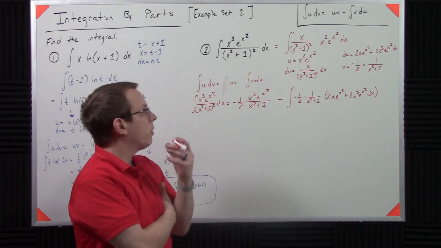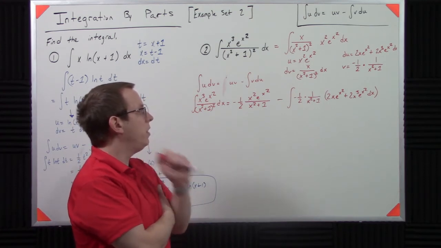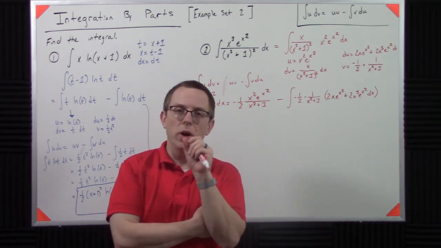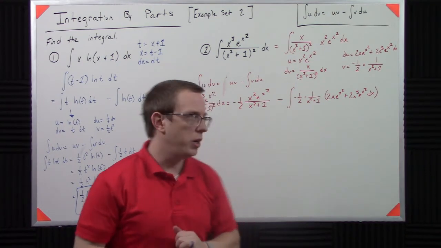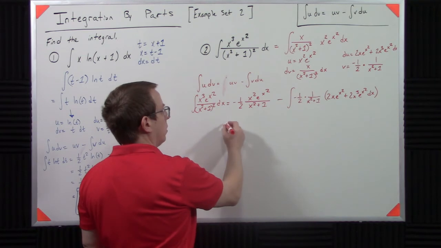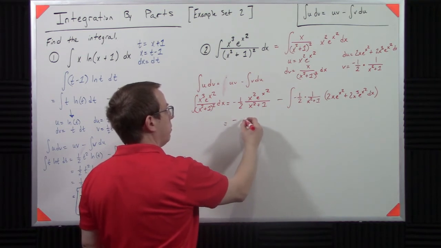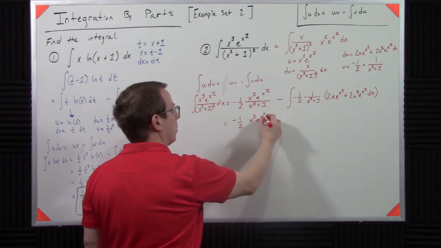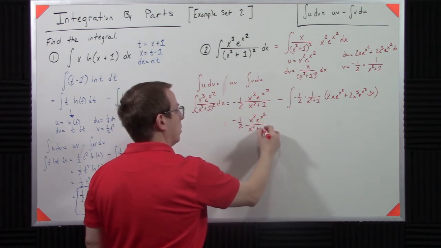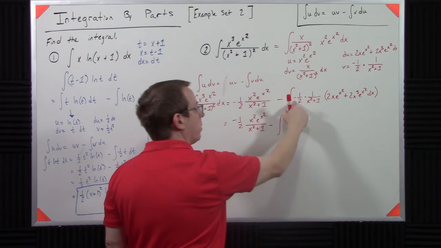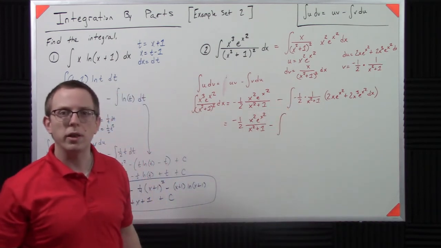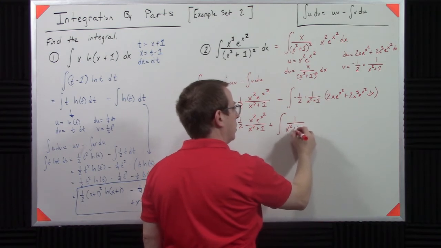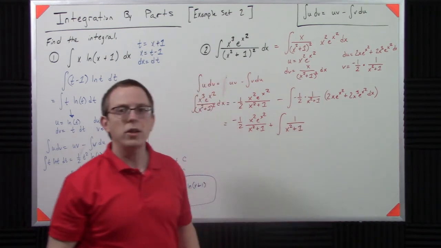So you might ask yourself, okay, how do I do this? How do I make this work? Well, we're going to have to be a little clever with our algebra here. This is negative 1/2. So I have a minus minus here, so I'm going to rewrite that as a plus. And then I'm going to factor out what's common.